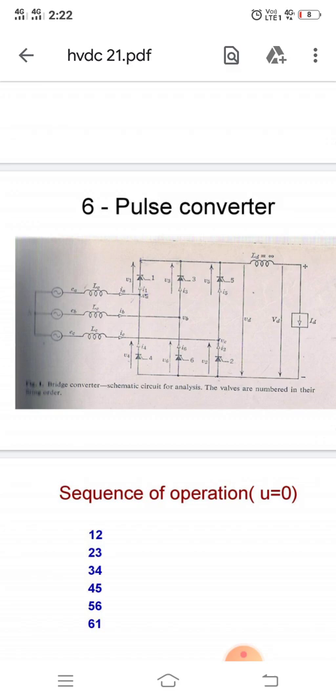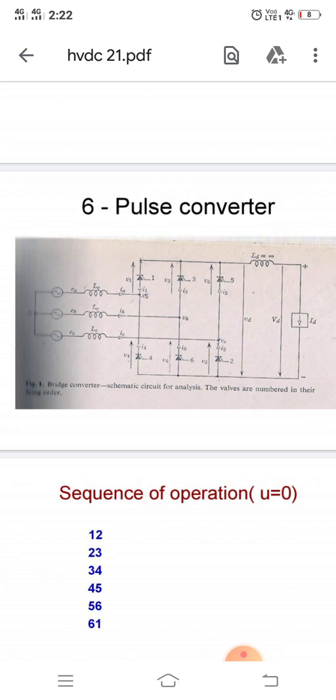It has some principles of energy conservation. As I told earlier, this is the 3-phase 180-degree conduction mode voltage source converter. The switching sequence is 5th switch, 6th switch, 1st switch.